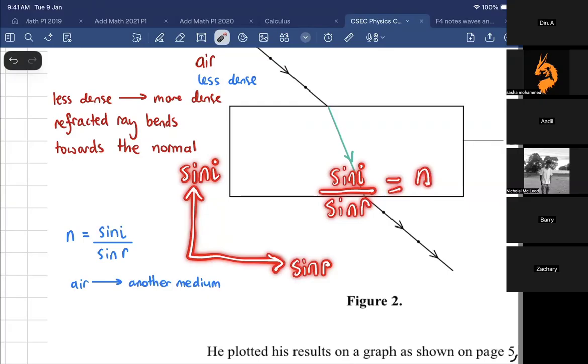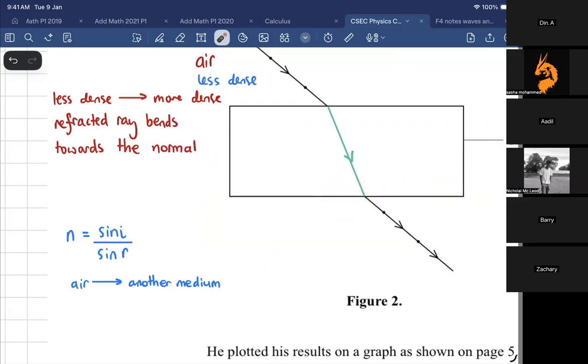And what does n stand for? Sasha, you know what n stands for? I can't remember. All right, the refractive index. The refractive index tells us how much light would bend when entering another medium.